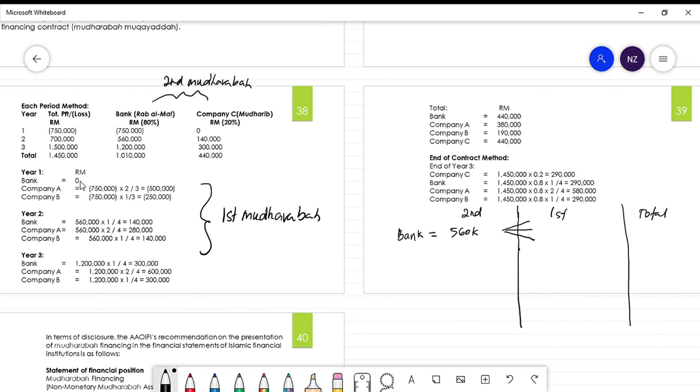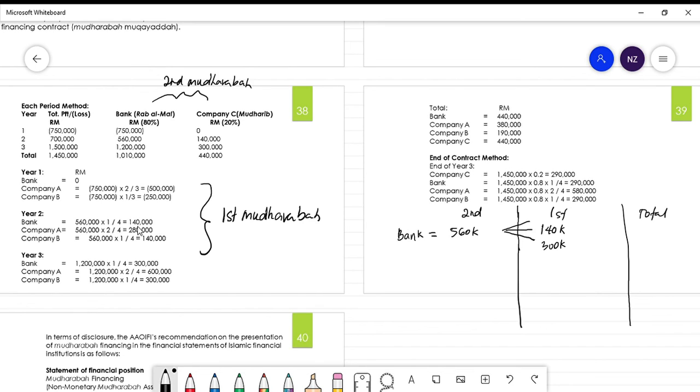So losses tu memang di bear by the rabb ul mal. Rabb ul mal here untuk first mudharabah is company A and company B. So that's why bank tak dapat apa-apa. Untuk year 2 bank dapat sebab year 2 and ketiga ni dapat profit. So year 2 bila kita dah times the total profit here with the ratio, dia dapat 1,400,000 and for year 3 dia dapat 300,000.